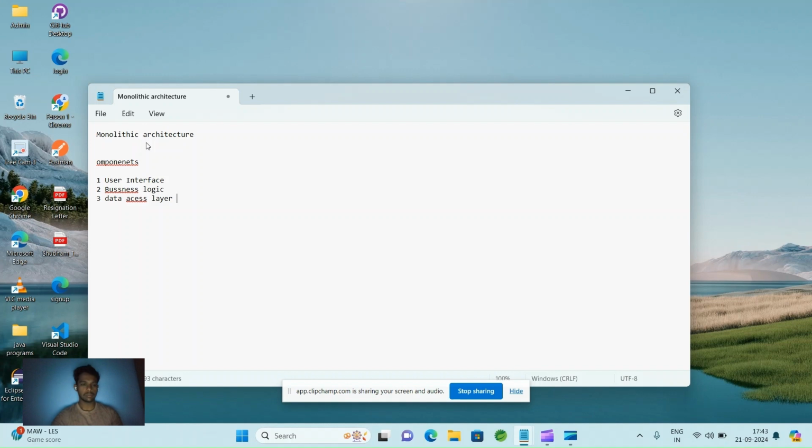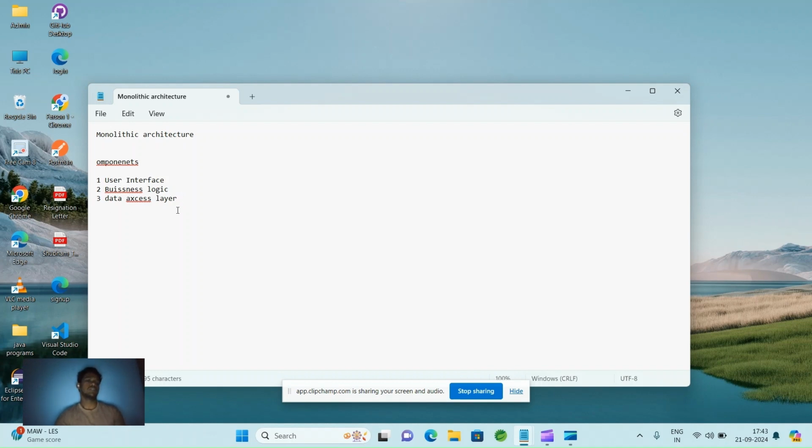Data access layer, and here business logic. I forgot that. Okay.